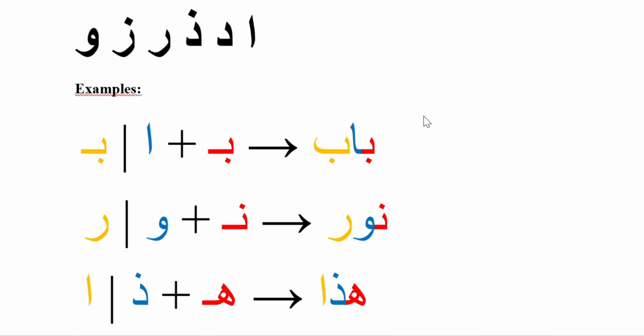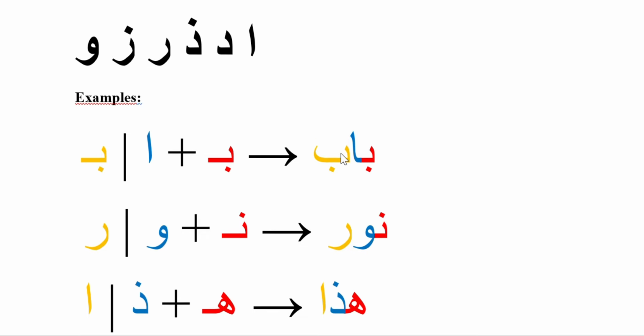We have ba and we have alif, the long vowel. Bab. As you see here, the letter ba is not connected to the alif. Why? Because after alif, we do not connect the next letter.